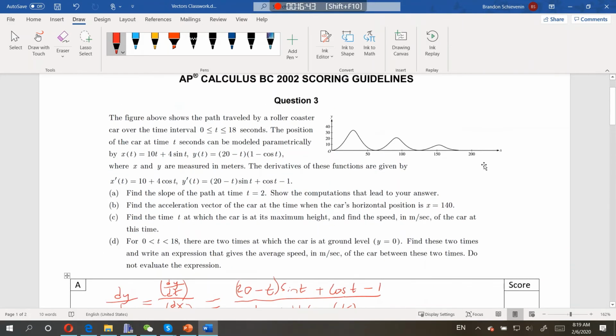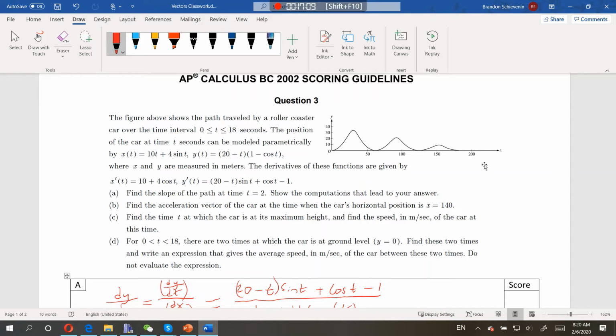Alright, part C. I want to find the time when the car is at max height, and then find the speed at that time. At maximum height, the first y derivative is equal to 0.